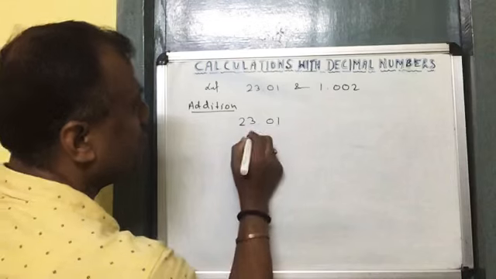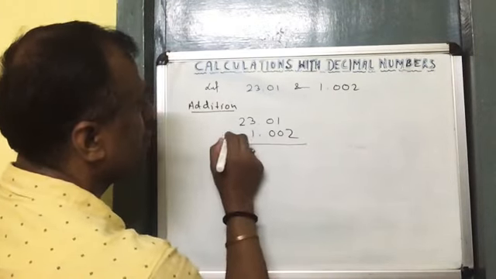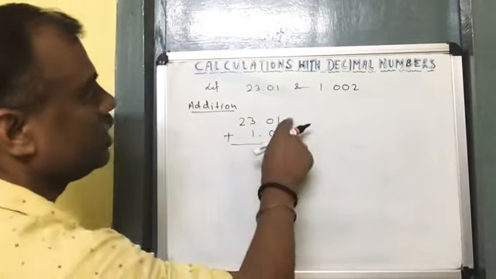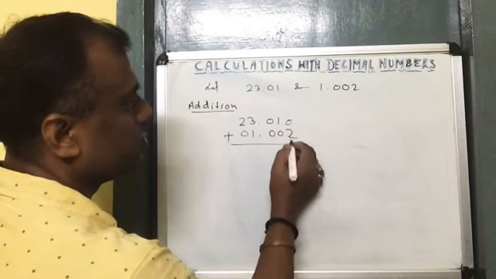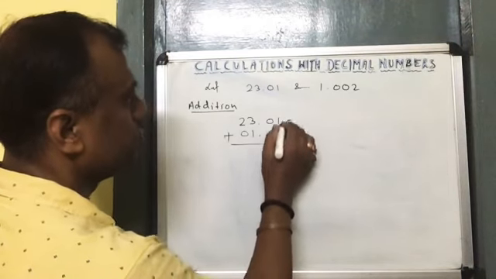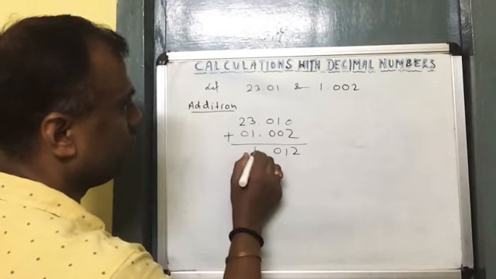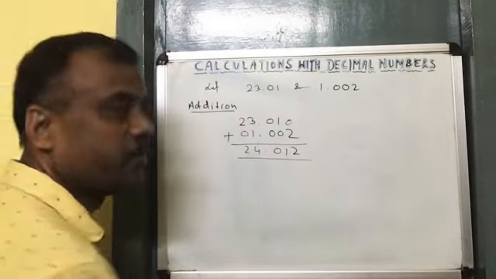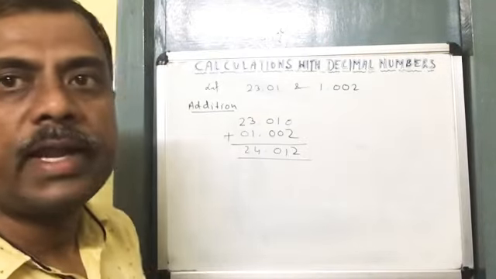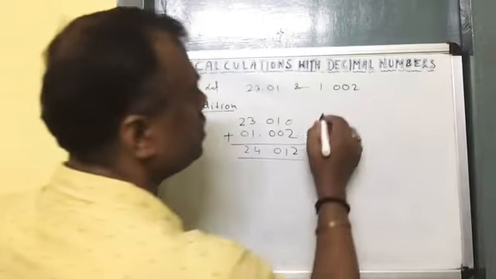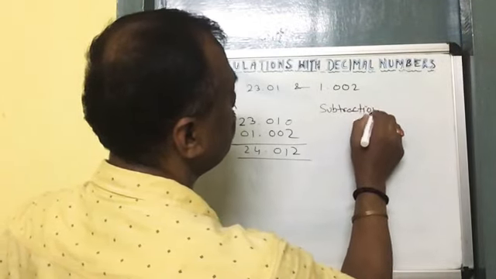So I will put here 1.002. Now you can add it. Wherever there is a gap, you can put 0. So this much 2, 1, 0, 0.3 plus 1, 4, and this one 24. So this is the method for adding two decimal numbers.